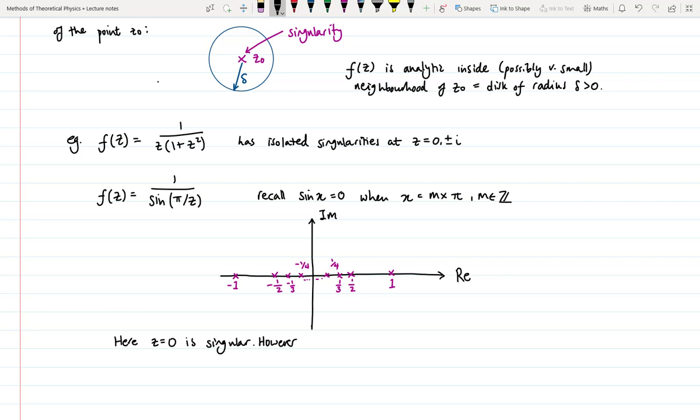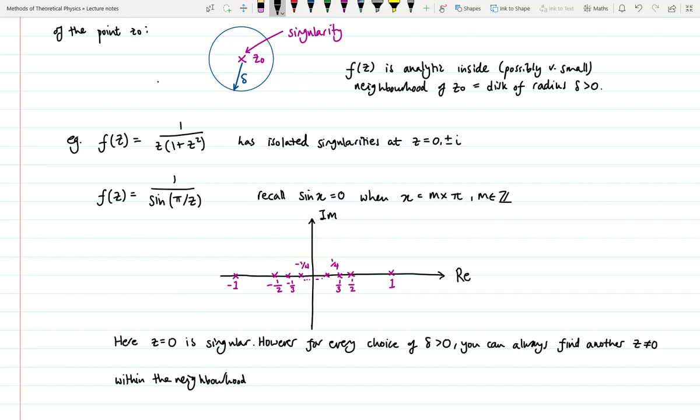However, we've just seen that for every choice of delta greater than 0, so looking in some neighbourhood of the point at the origin, you can always find another point z that's not 0 lying within the neighbourhood defined by delta that is also singular.